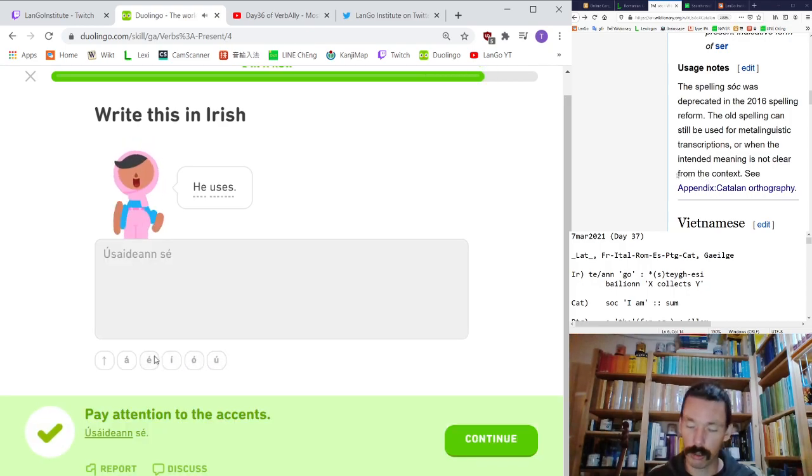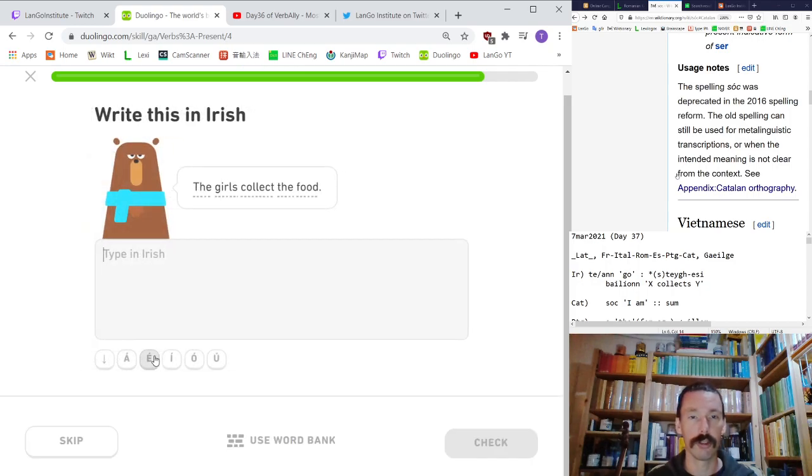Those first two vowels are accented long. Okay. The girls collect the food. Collect. So plural are the Nakalini. The food and beer.